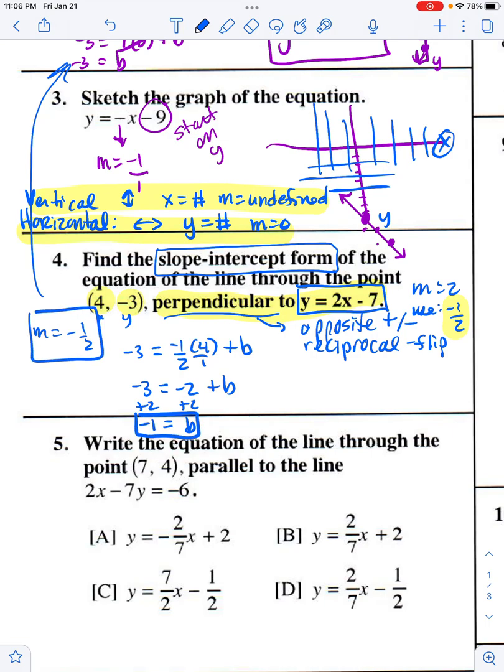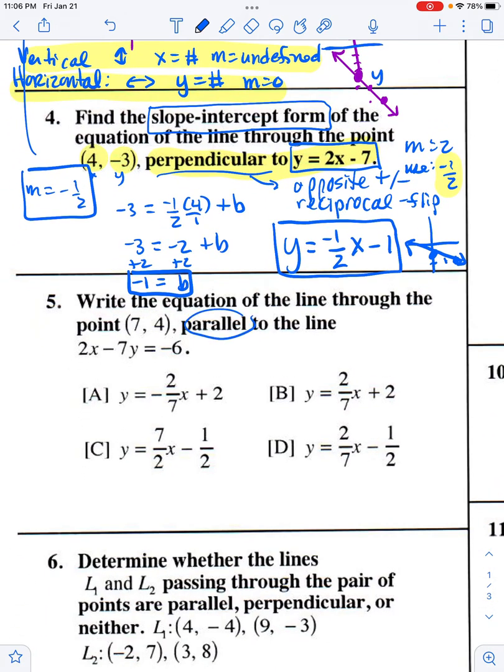So between that and this, which I figured out from the perpendicular business, I have the two pieces I need: y equals mx, and then my b value. If I had to graph this one, it would start at -1 on the y-axis, and go down 1/2, down 1/2 to generate a line that has that equation.